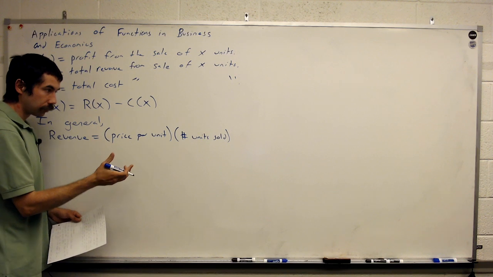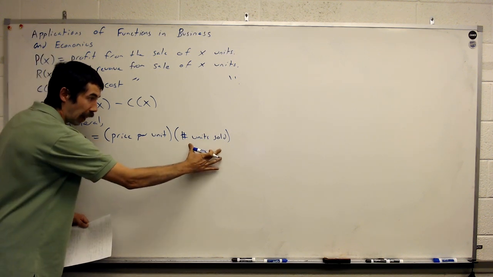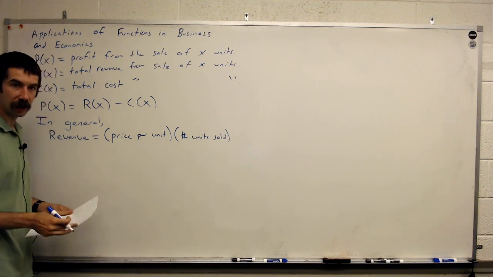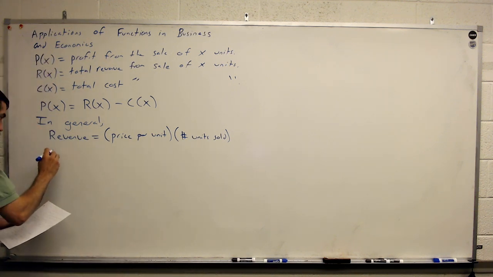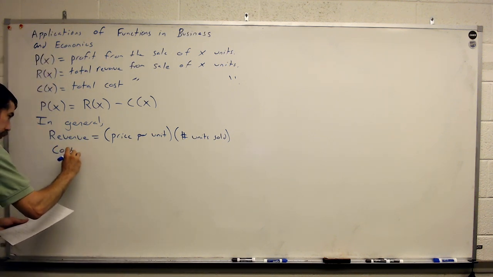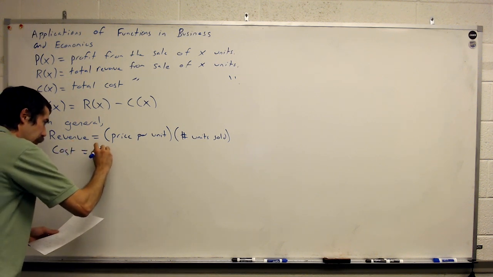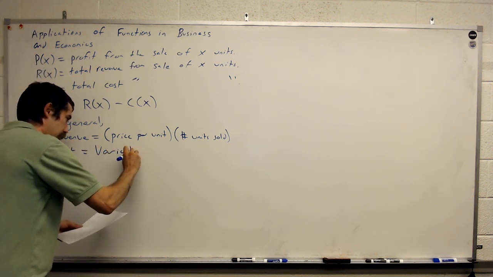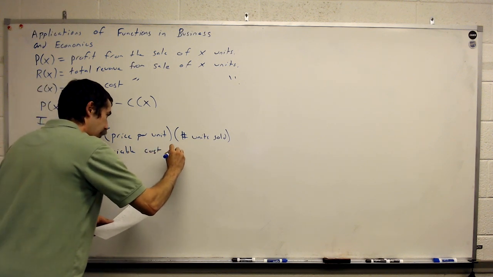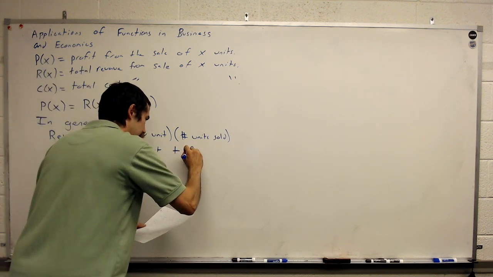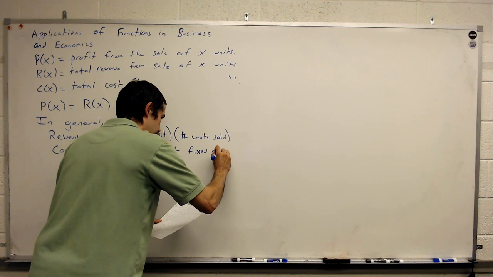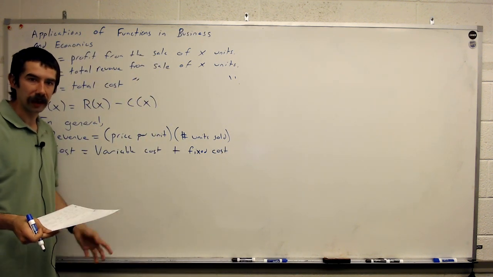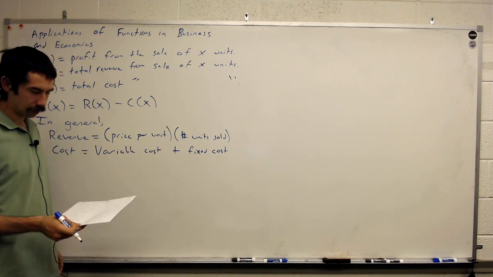If you sell 5 hamburgers for $10, your revenue is 5 times 10, $50. And cost has a variable cost, so the cost to produce a unit, plus a fixed cost. So, the initial setup of the manufacturing plant, for instance. That's a fixed cost.